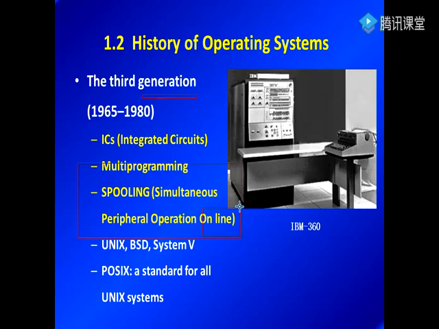For now, you just need to understand that with these two technologies, a lot of typical operating systems emerged to match the different resources in the same computer, such as Unix, BSD, and System V, and the typical computer which employs this operating system is called IBM 360.